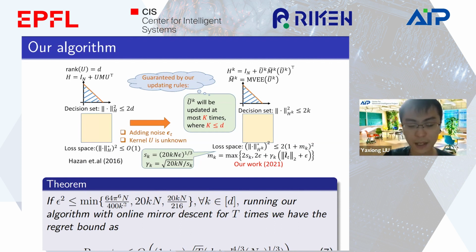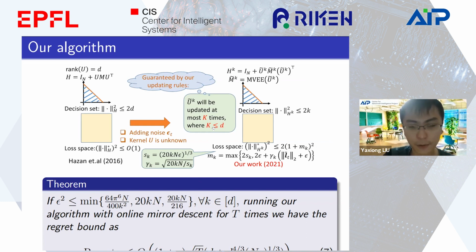But as I mentioned before, if the rank of the loss vectors is not so low, for instance the rank is half of N, then I suggest to use the Hedge algorithm. Our algorithm is only effective when the rank is very small, and we can guarantee theoretically that the number of updates is bounded. It will not be larger than the rank of the kernel.